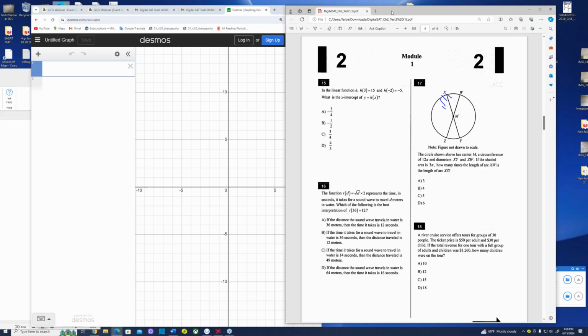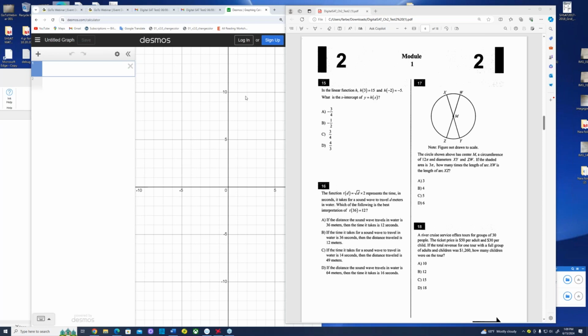In number 15, what do we have here? It's an easy question because you have to find the slope, and after that you can find the x-intercept. Who would like to know how to solve it without this stuff, just using Desmos? Faster.